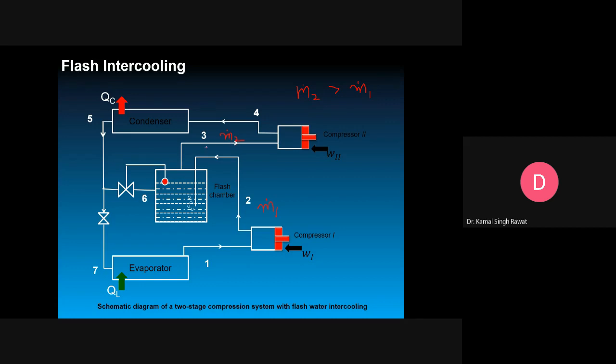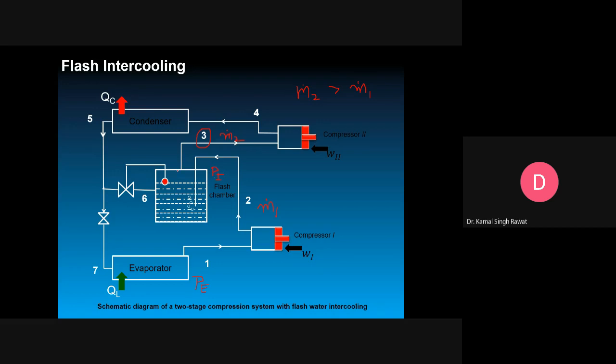Now, point to be noted, this state 3 is a saturated state at an intermediate pressure. Initially we have evaporator pressure, and in the first compressor we compress the vapor refrigerant from the evaporator pressure to the flash chamber pressure or intermediate pressure PI.